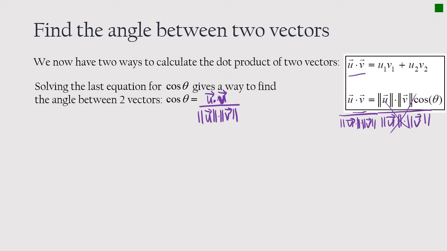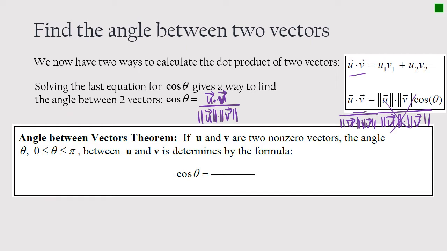This is going to come in super handy when you're trying to find the angle between two vectors. To rewrite that again: the dot product between vector u and vector v divided by the magnitude of v times the magnitude of u.